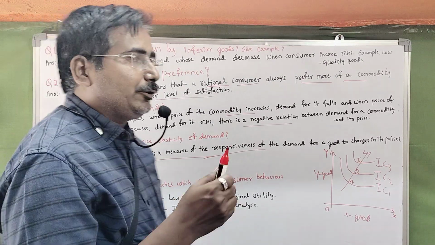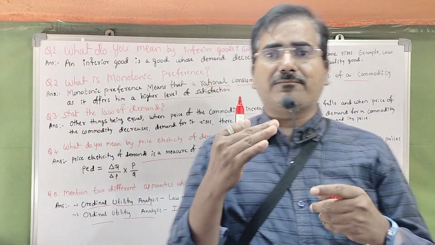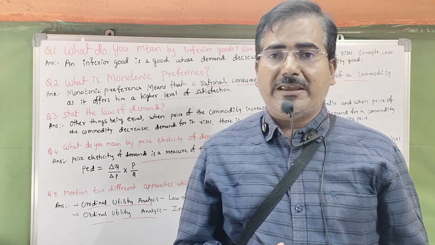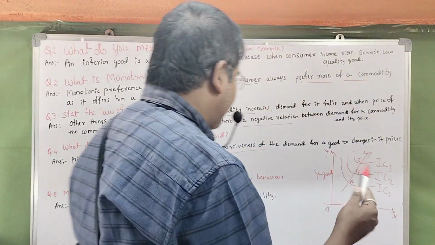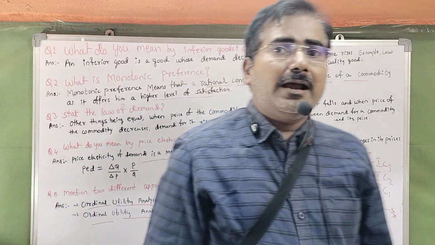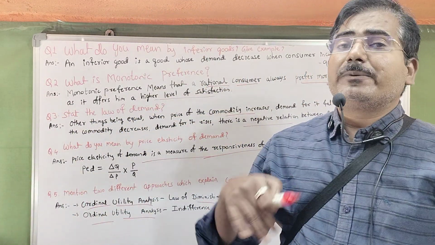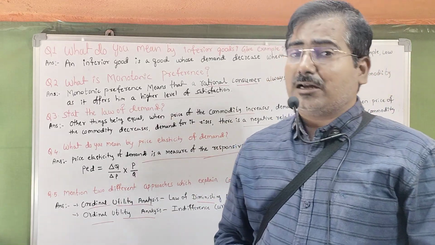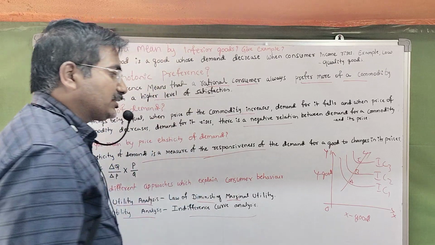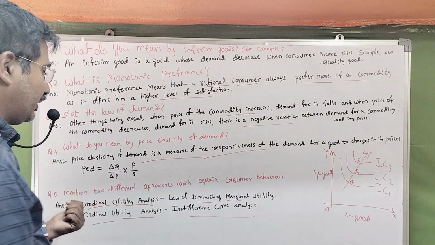Cardinal utility explains consumer behavior through the law of diminishing marginal utility, and ordinal utility explains it through indifference curves. That is the difference between cardinal and ordinal.